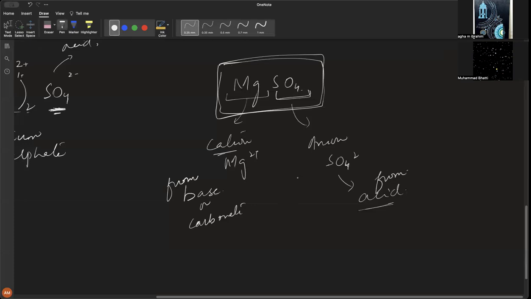You can do that simply by looking at the components of the salt itself. If this part is coming from the acid, what type of acid would that be?